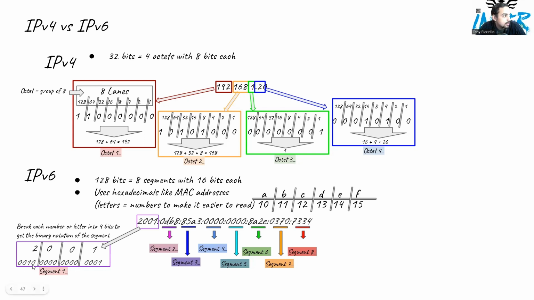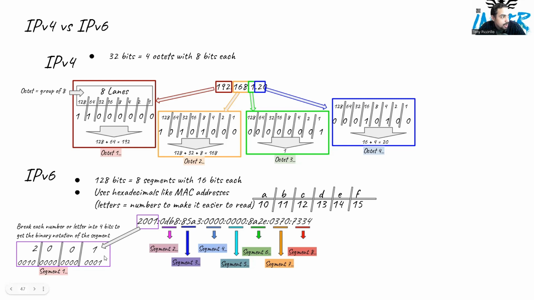So here we have 0, 2 raised to the power of 0 is 1, but this one's off, so it's not a 1. 2 raised to the power of 1 is 2, and this one's on, so this is number 2. All of them are off, 0, all of them are off, 0.